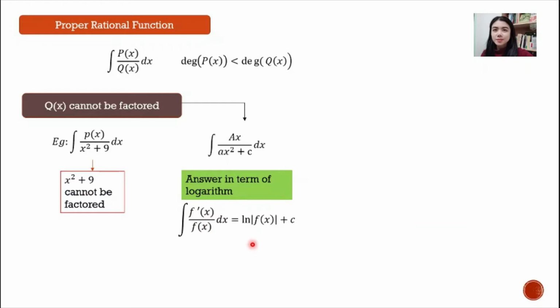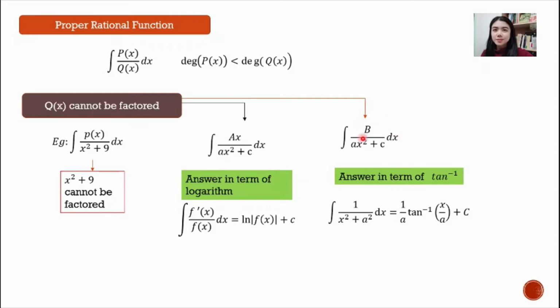If you have the second case, where you only have a constant at the top, not the x, the x will give you the answer in terms of logarithm, but if you have a number at the top, you will have the answer in terms of tangent inverse, and you're going to use this formula to obtain it.